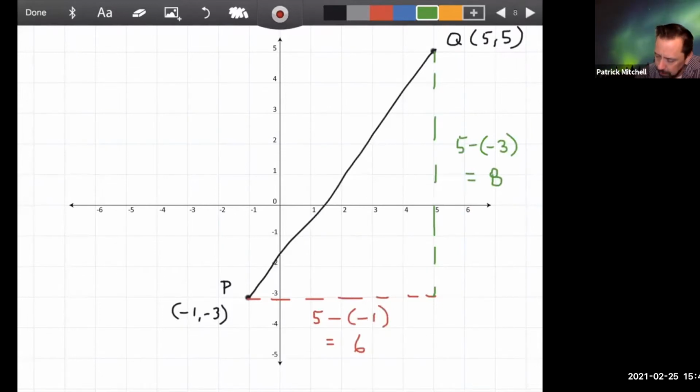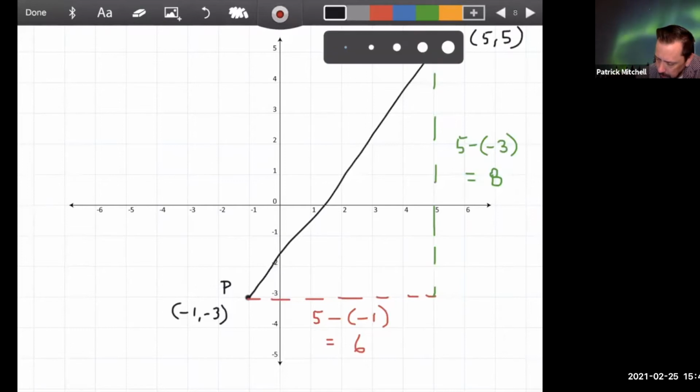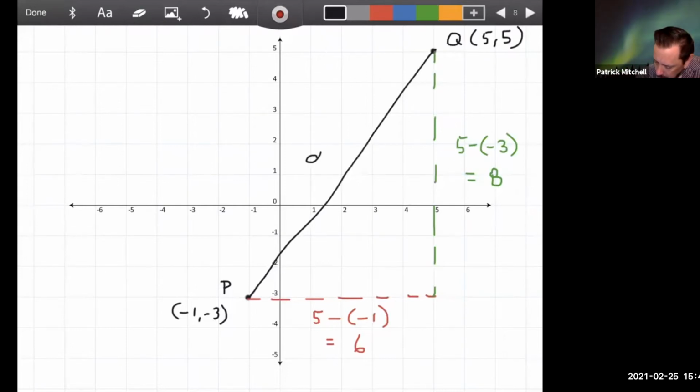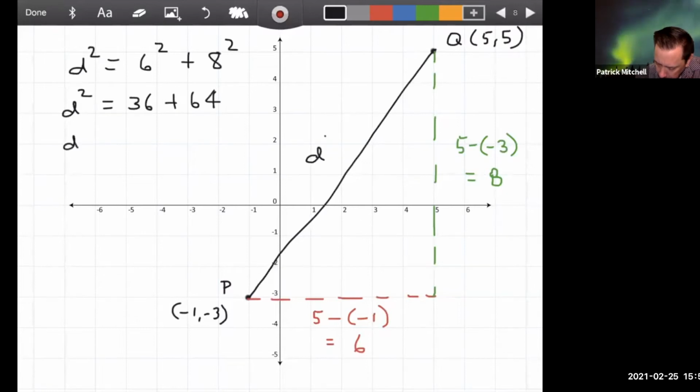All right, so you remember how to find that missing side. We'll call it D for distance. We will use the Pythagorean Theorem, which says that D squared is equal to 6 squared plus 8 squared. So D squared is 36 plus 64. 36 plus 64 is 100.